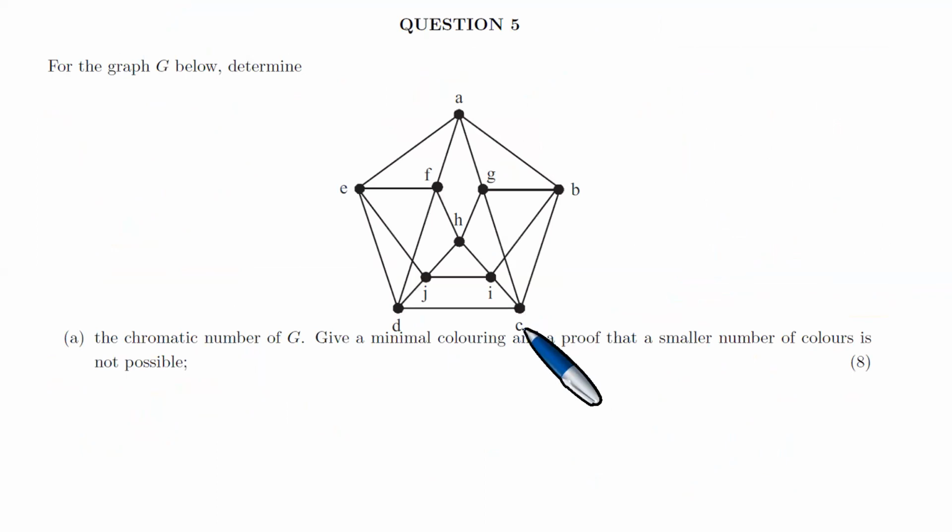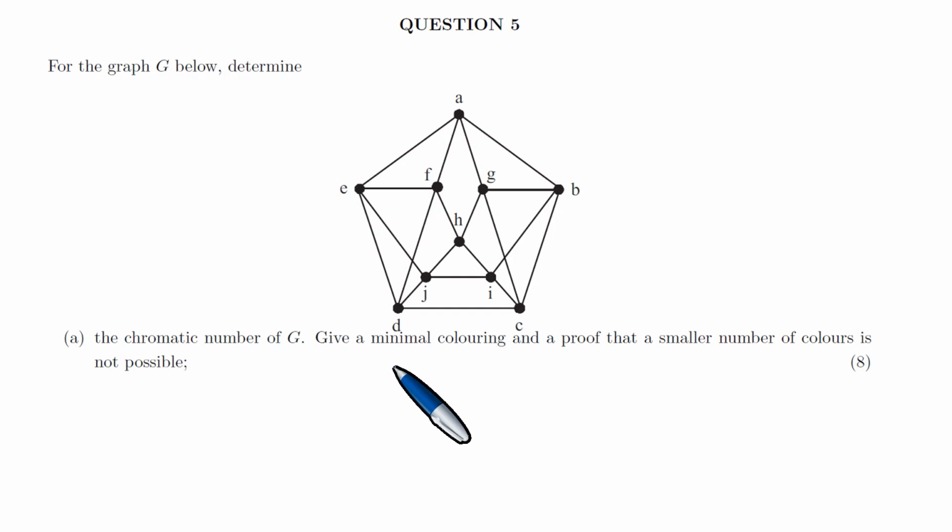We continue. For the graph G below, we determine the chromatic number of G, give a minimal coloring and prove that a smaller number of colors is not possible. We recap on the chromatic number. We looked at the chromatic number, but let's just recap on it.